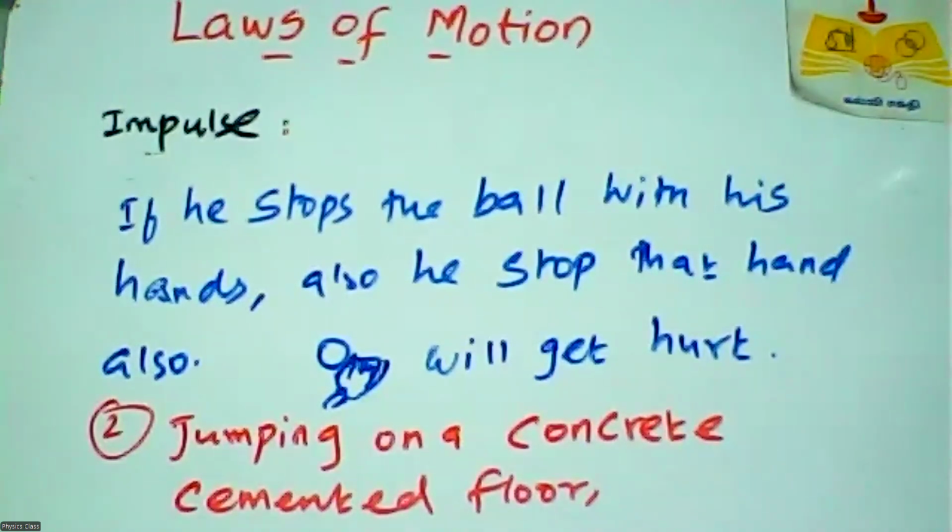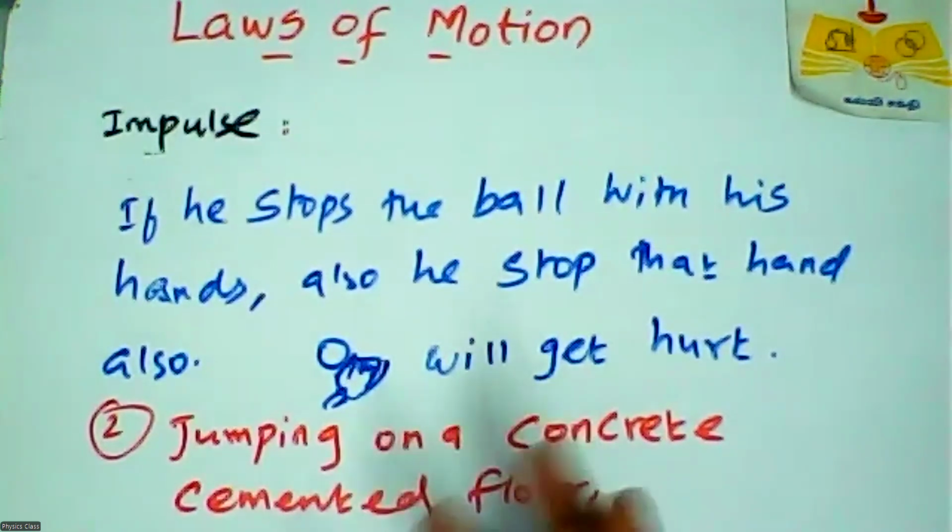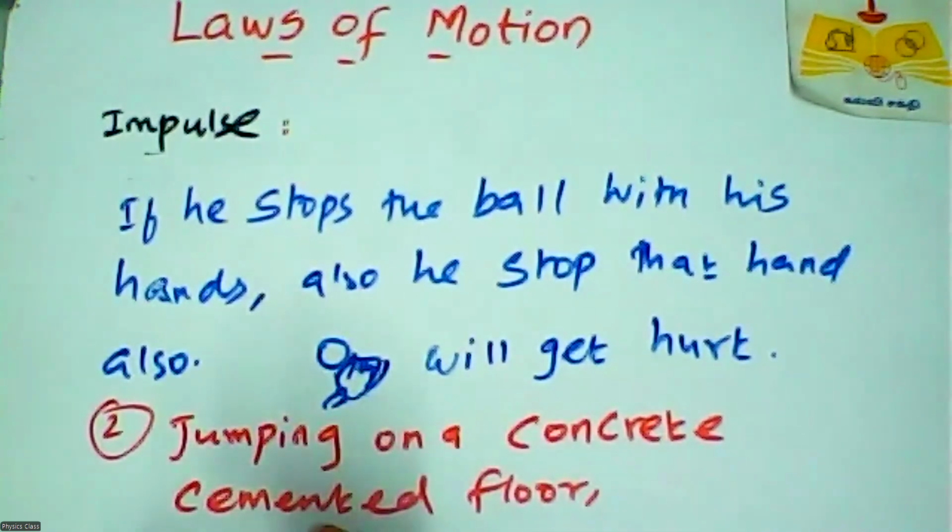Why dangerous? Jumping on sand will be easy, but jumping on a concrete cemented floor is more dangerous, because sand brings the body to rest slowly, but a concrete floor slows the body very fast.